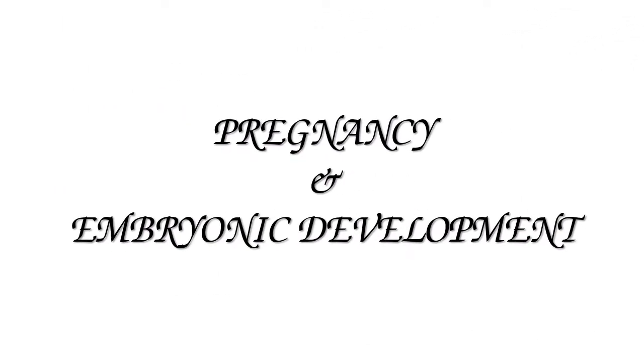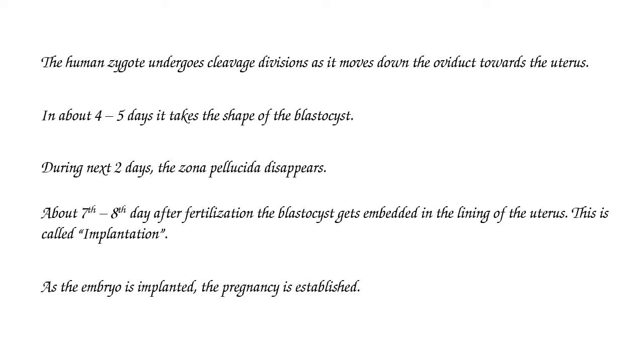The pregnancy and embryonic development. The human zygote undergoes cleavage divisions as it moves down the oviduct towards the uterus. In about 4 to 5 days, it takes the shape of the blastocyst. So we know that the blastocyst is formed through blastulation.